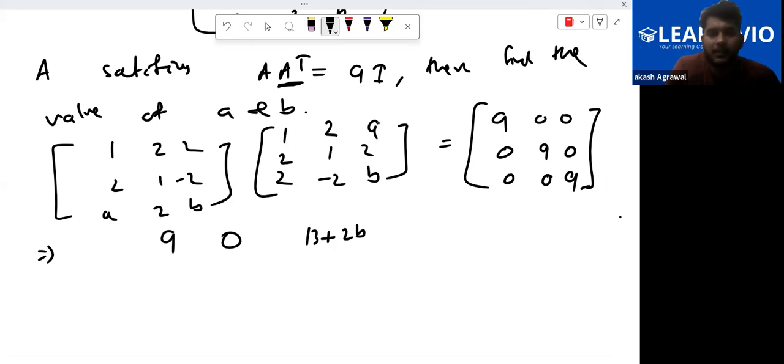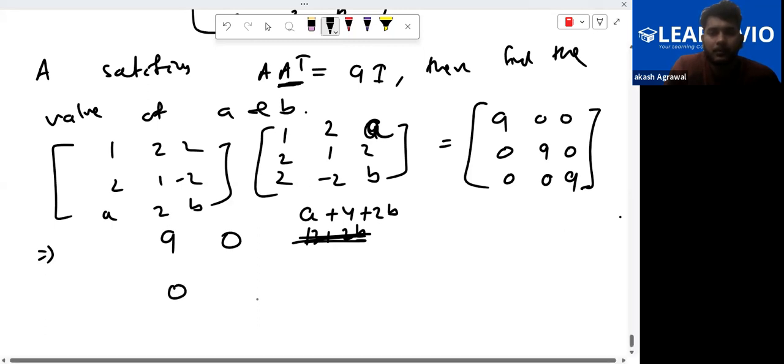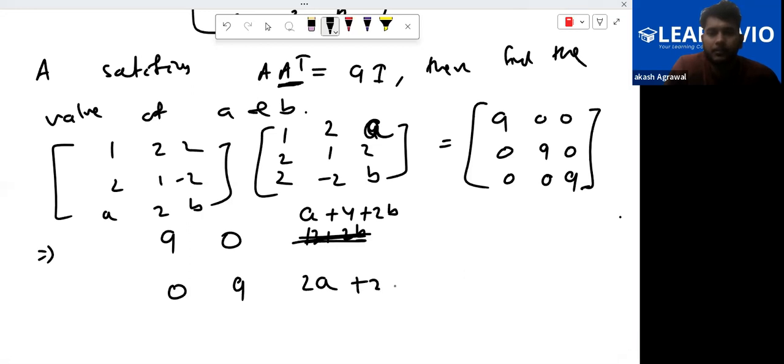This is not 9, this is a. So we have a plus 4 plus 2b. And now we have 2 plus 2, 4, 0, 4 and 1, 5 plus 4, 9. And 2a plus 2 minus 2b.